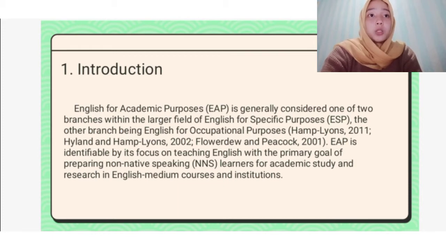Students can enroll in EAP courses before they study in university content courses or concurrently with content study. Student contact hours in professional programs can reach upwards of 25 hours per week.